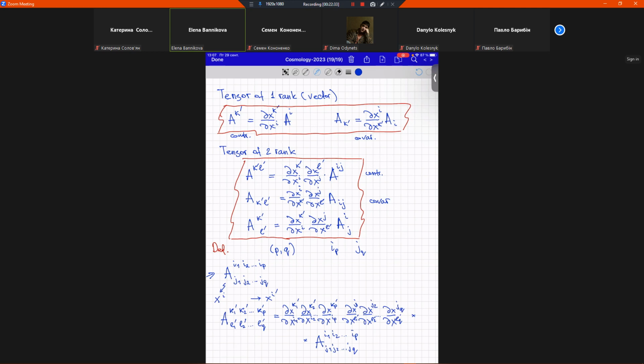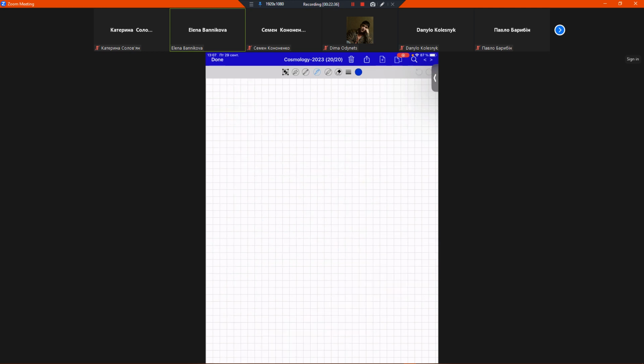From this general definition, we can make such a statement: if a tensor doesn't have any indexes, we call it a tensor of zero rank.